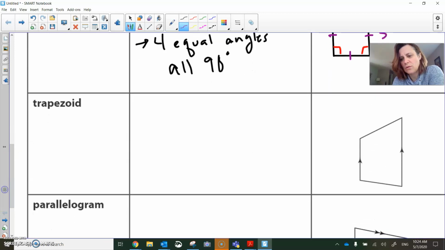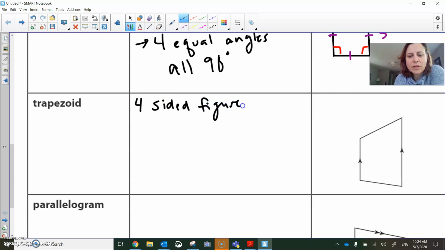A trapezoid is interesting because it has one set of parallel sides. So it's a four-sided figure with exactly one set of parallel sides.